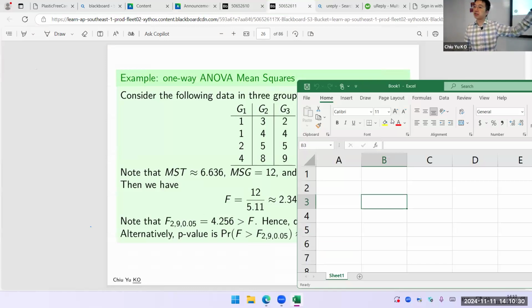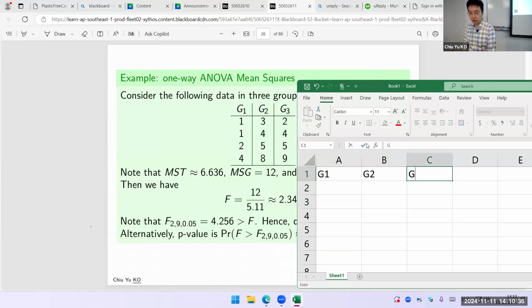You operate this in the assignment or the computation, but this is something that usually you would do in the exam. It's 1, 1, 2, 4. 3, 4, 5, 8, and 2, 4, 5, 9.